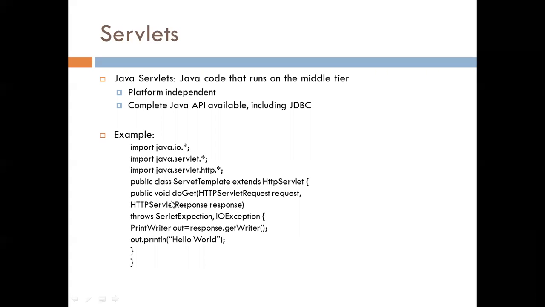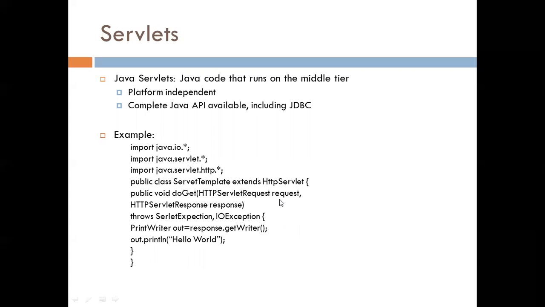If it is a GET, it will come to doGet, and it takes parameters: a request object and a response object. The request object contains the data passed from the HTML file, and the response is the one that is constructed in this method and returned back.